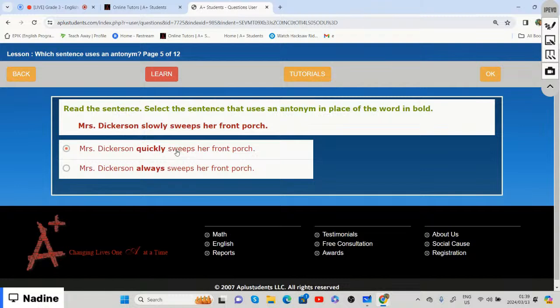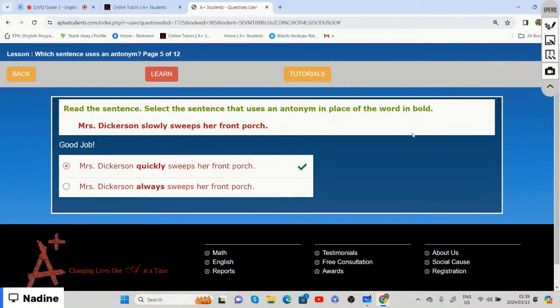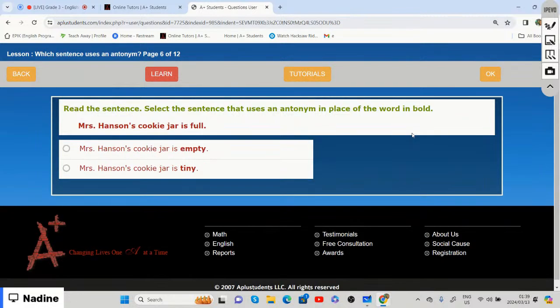All right, and the last one we can say Mrs. Dickerson slowly sweeps on the porch. So, then the opposite of slowly is quickly. All right, so quickly is correct. Well done.